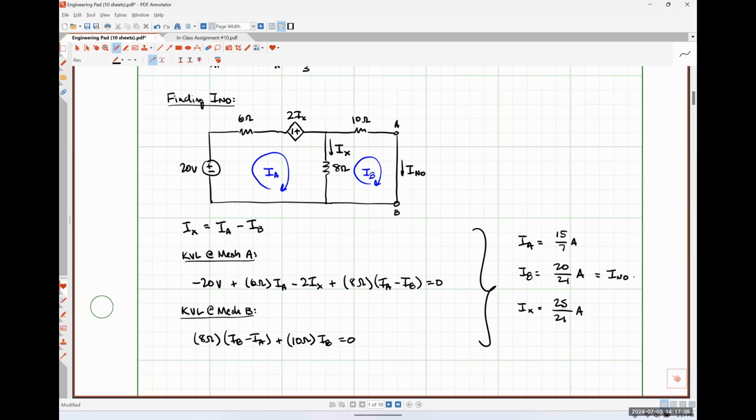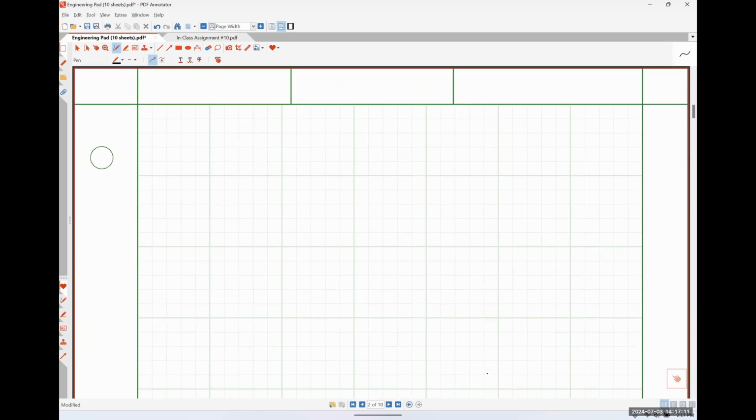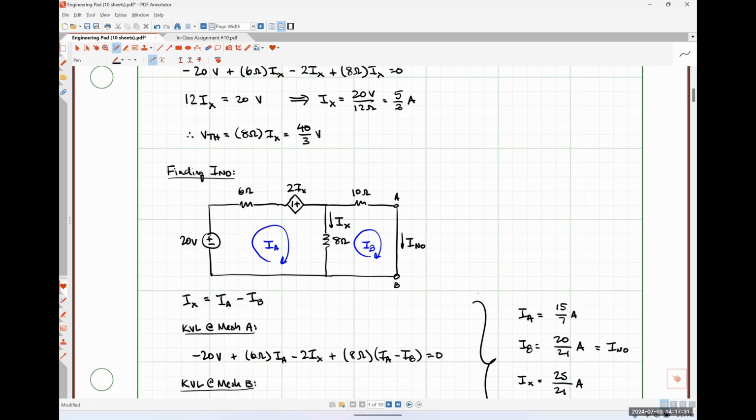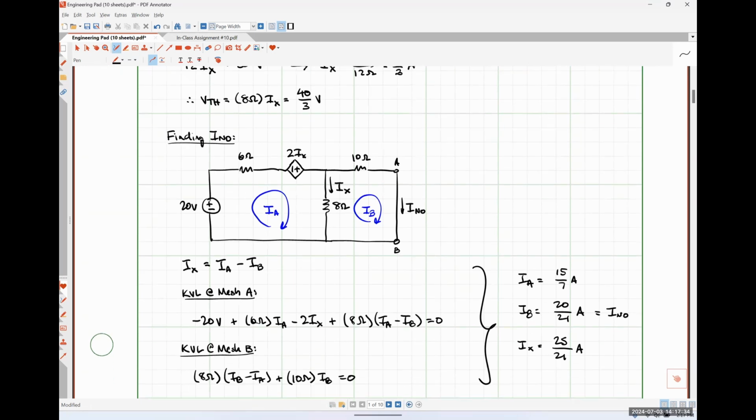And from this, we could just say that R Thevenin is the ratio of our Thevenin voltage to our Norton current. Let me scroll up here really quickly. So 40/3 of a volt divided by 20/21 of an amp.